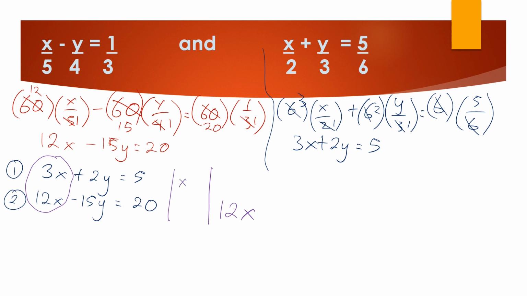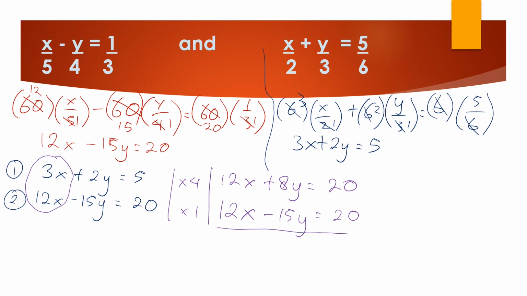So just multiply by 4, and this one is just multiplied by 1. 3x times 4, 12x. 2y times 4, 8y. 5 times 4, 20. And because the second equation is multiplied by 1, just copy and paste.